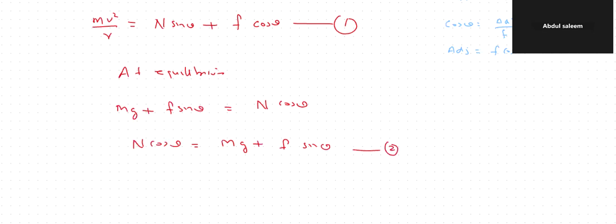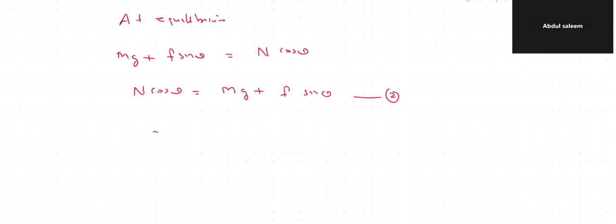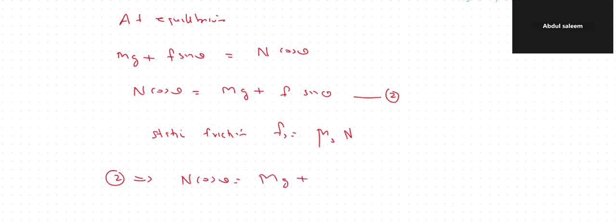So we know that static friction Fs equal to mu s into the normal reaction force. So in equation number 2, we can change: N cos theta equal to mg plus, instead of F, we can write mu s into N sin theta.